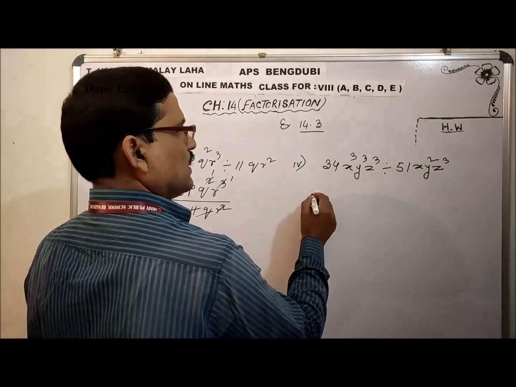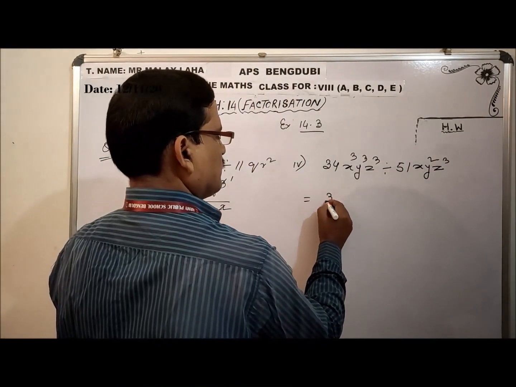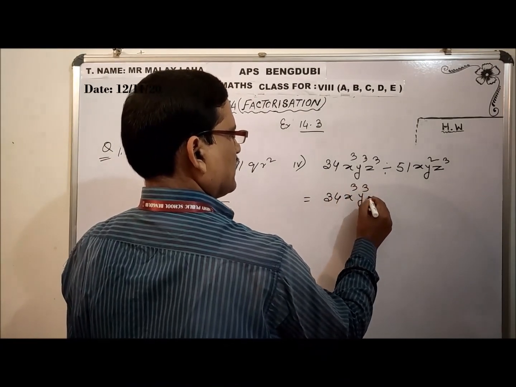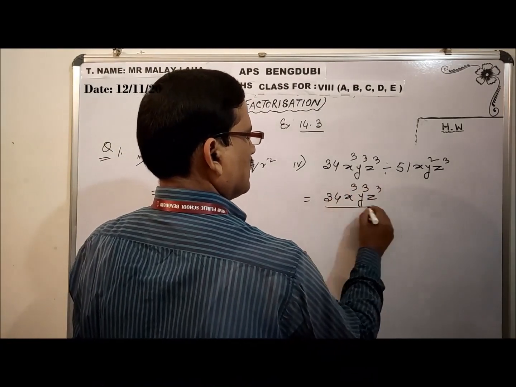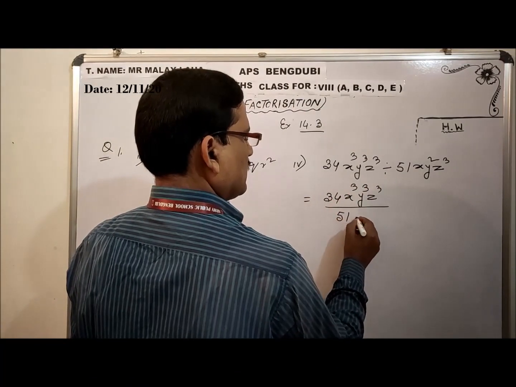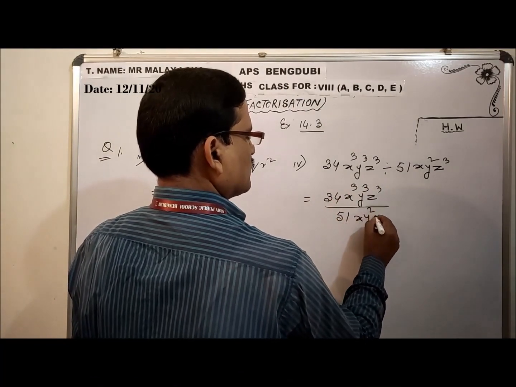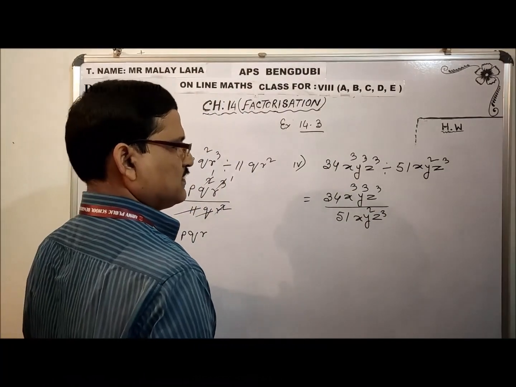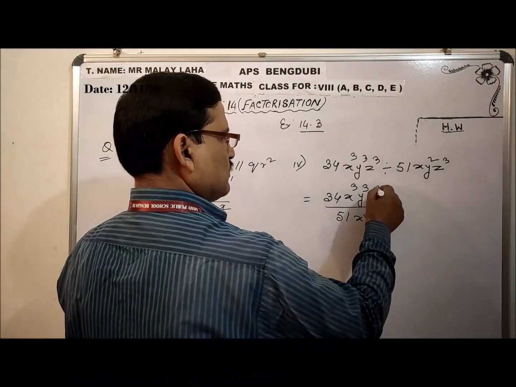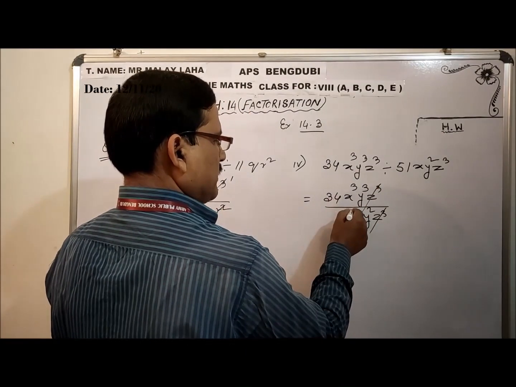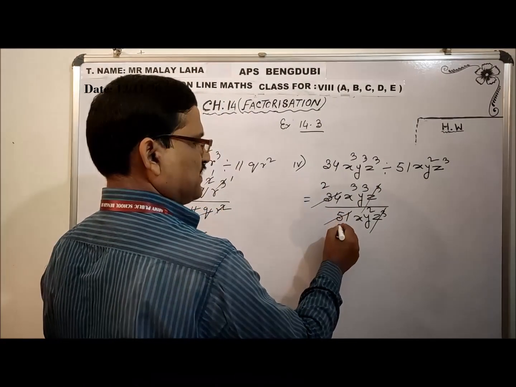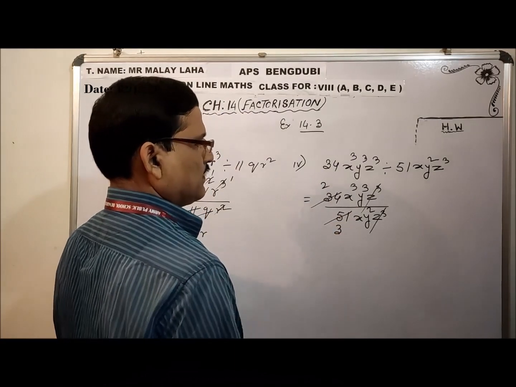Okay, so now how can I write down 34 x cube y cube z cube by 51 x y square z cube? You can factorize, or you may not. Z cube cancels. 17 2s are 34 and 17 3s are 51.